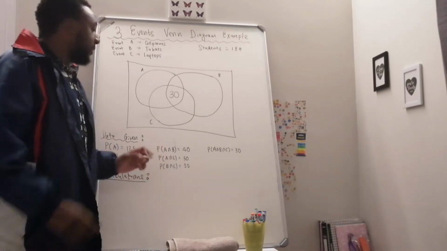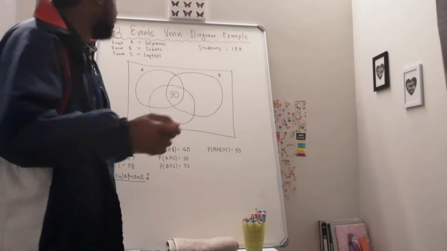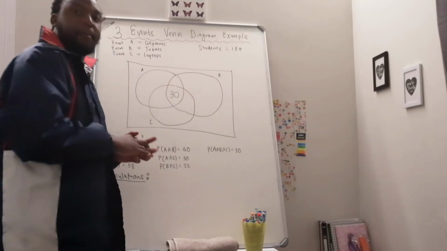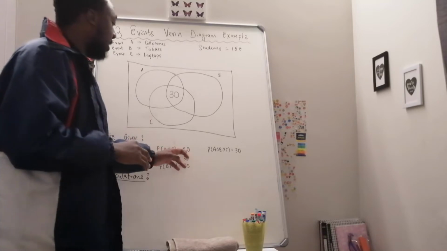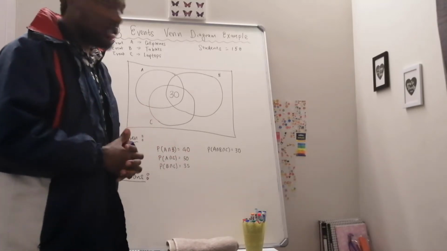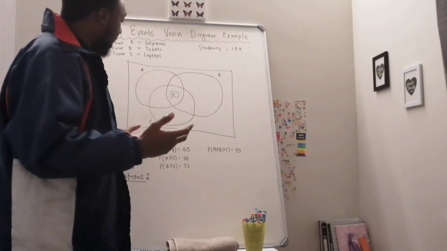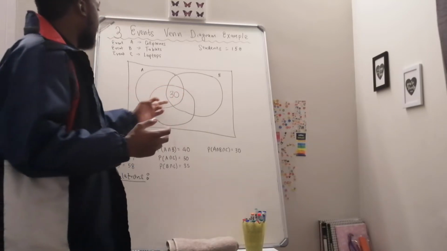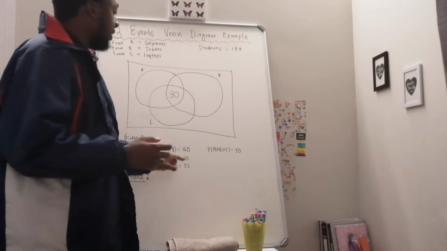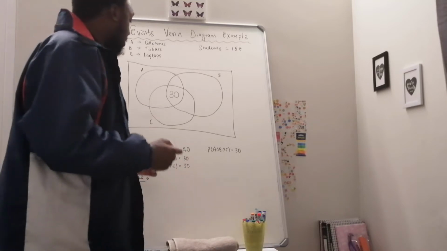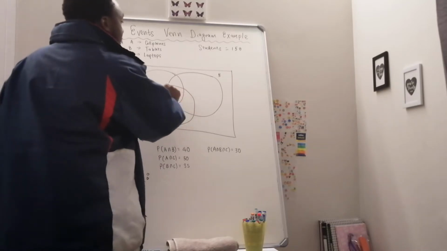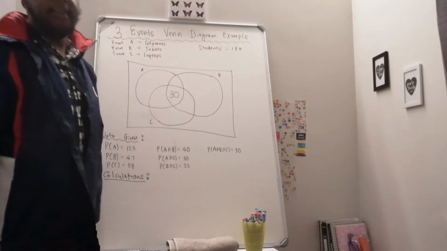Furthermore, we're given where A intersects B, this area right there, and we're told that it's 40. A intersects C, this whole area, is given as 50. And lastly, where B intersects C is given as 35.